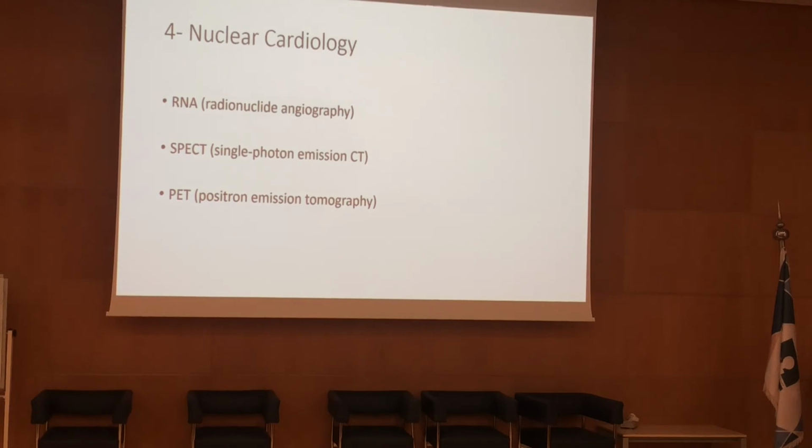It's recording the tracer coming out from the body to the machine, and we call these counts. So you know uranium, we are not using uranium in nuclear cardiology, but radioactive material, like radioactive iodine, for example, that we use for medical applications.